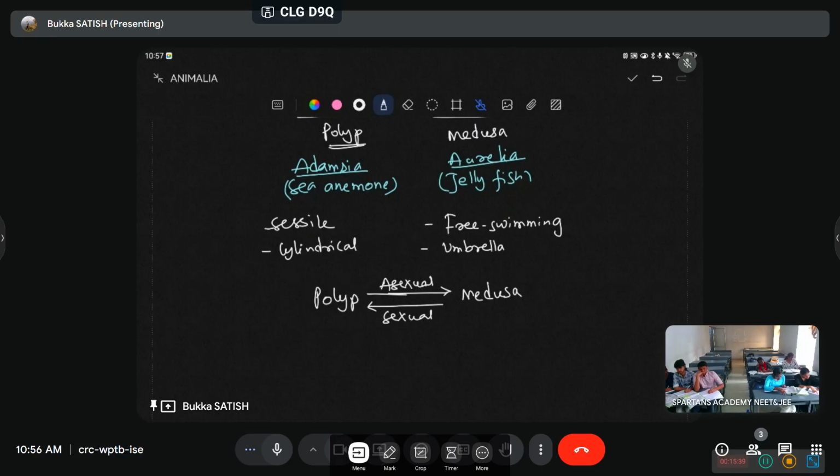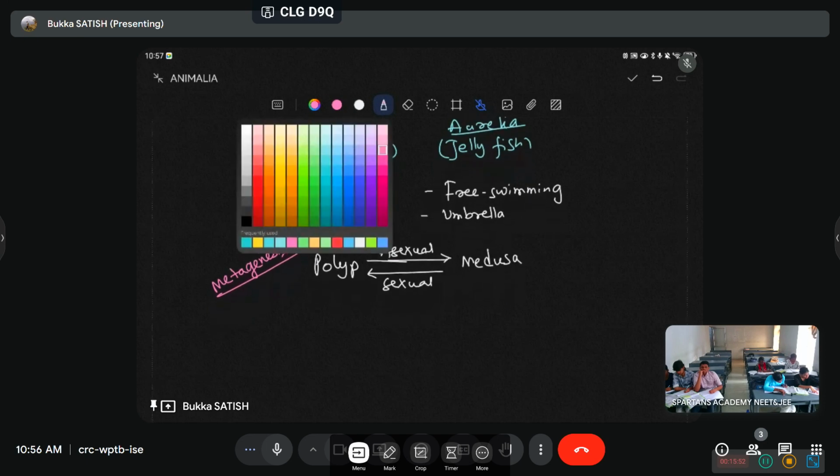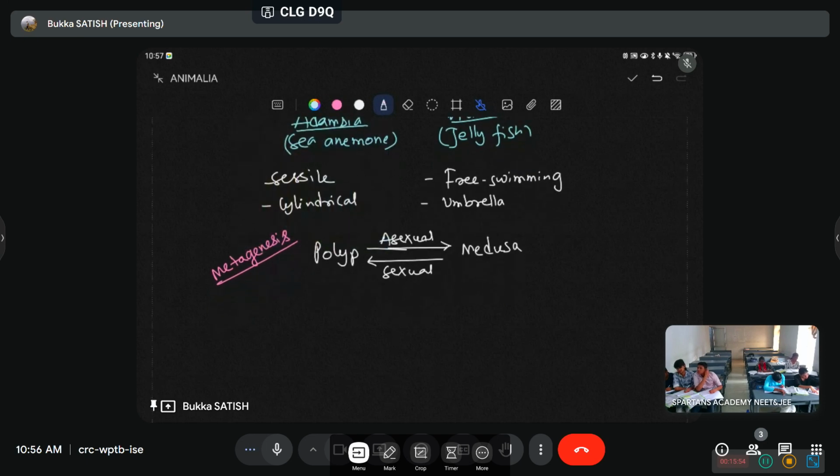This kind of alternation of generation is what we call metagenesis. This you can see in the case of Obelia.